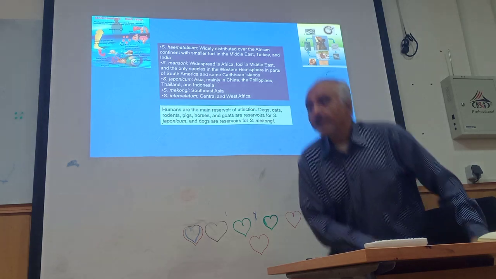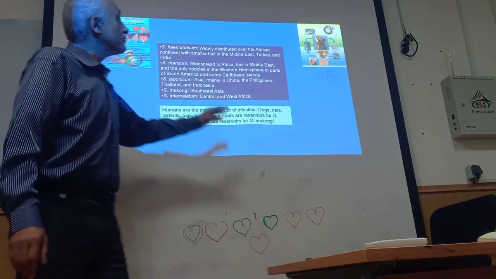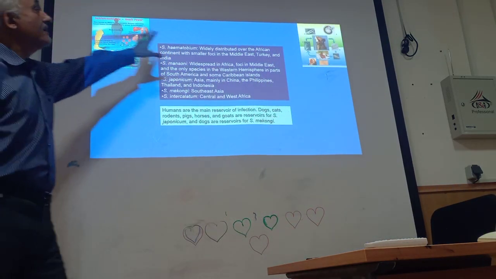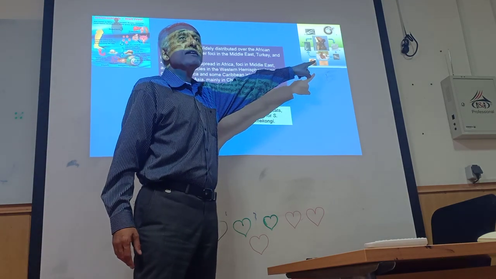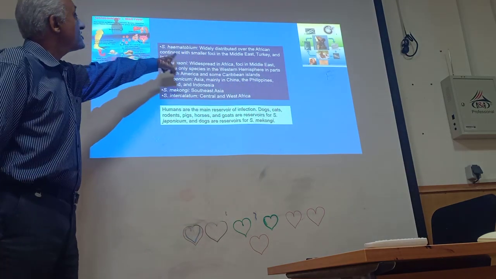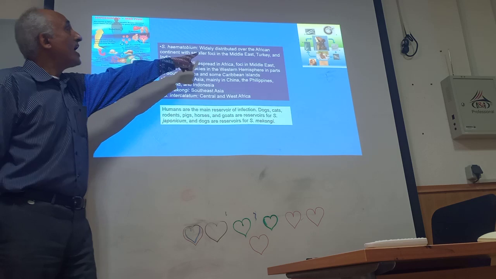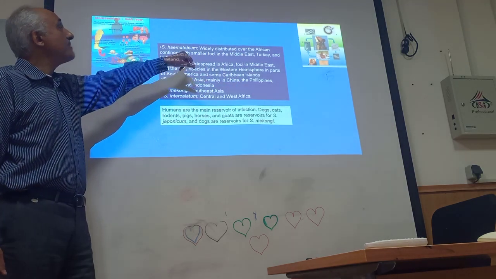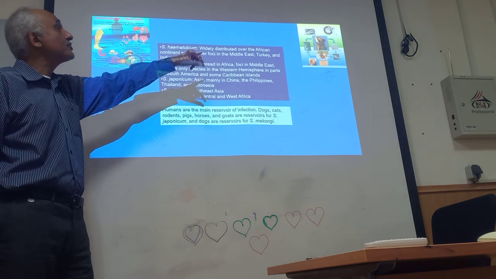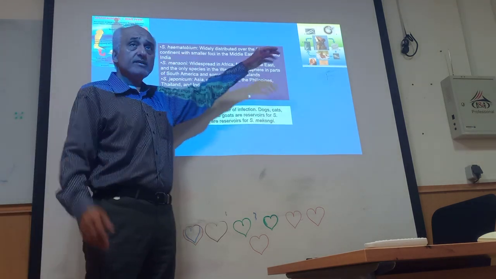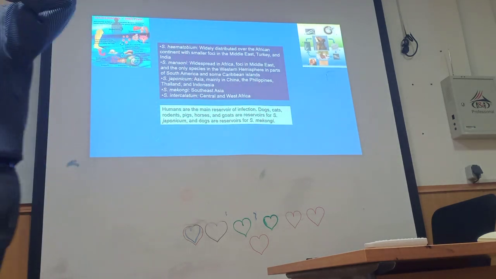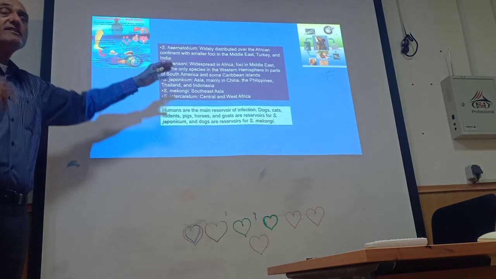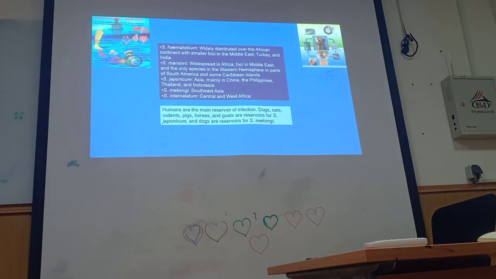Here, again, I'll show you the picture of the life cycle, and here, Schistosoma hematobium is widely distributed over the African continent with smaller foci in the Middle East, Turkey, and India. In Turkey it is eradicated, eliminated. And in India as well, we can look for some cases.